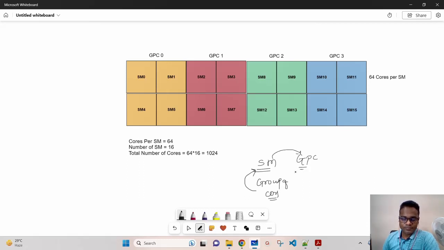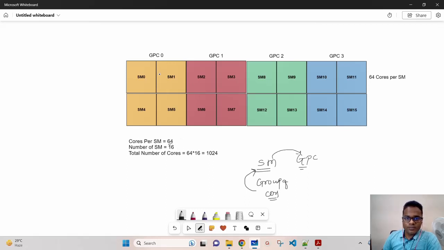We discussed this in one of our previous episodes where we talked about the GPU architecture in depth. Just to give a quick recap, here I have drawn a simple architecture where there are 4 graphics processing clusters, and in every graphics processing cluster there are 4 streaming multiprocessors. Let's assume the number of cores per streaming multiprocessor is 64.